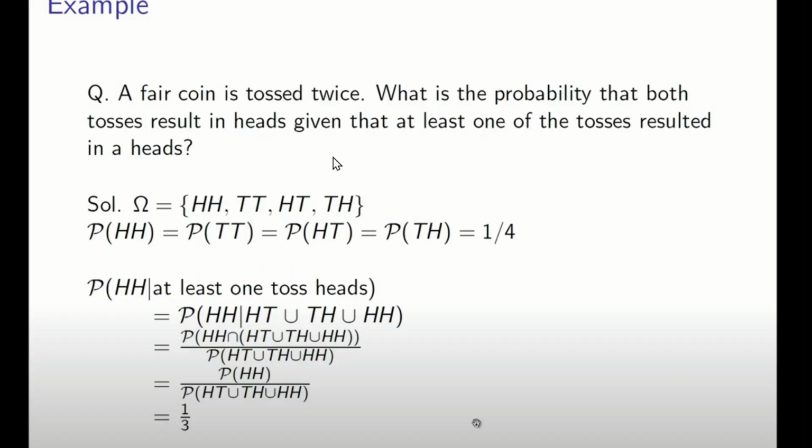Now we look into the formula: P of HH divided by P of HT union TH union HH. The total is 3, and P of HH will be 1 by 4, so the answer is 1 by 3. That's it.